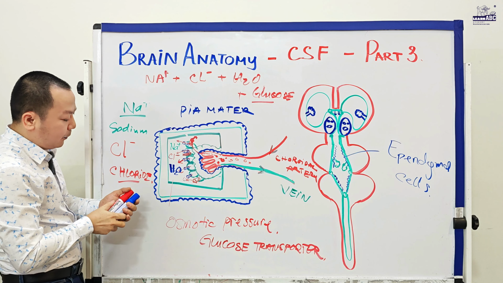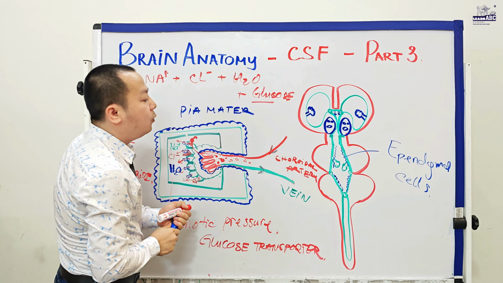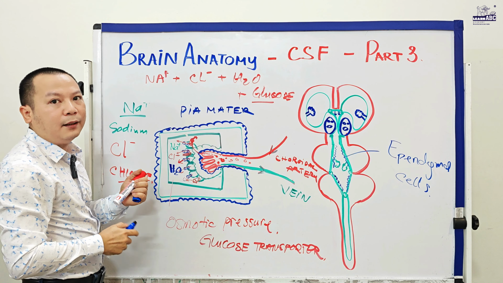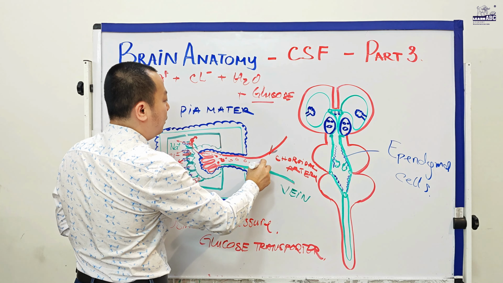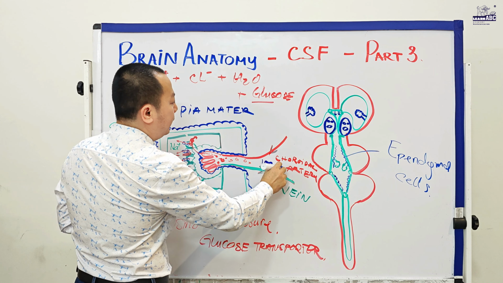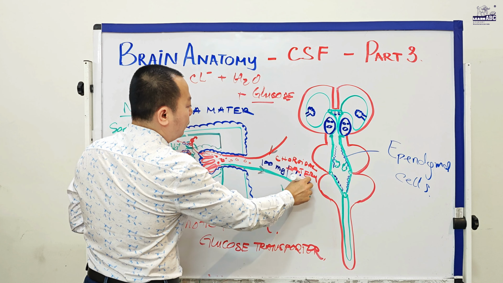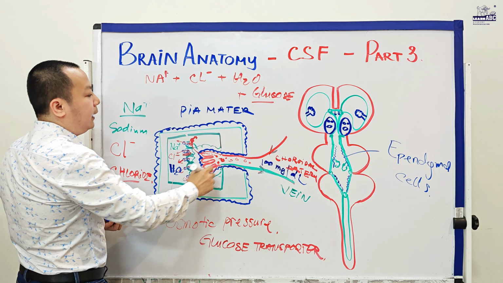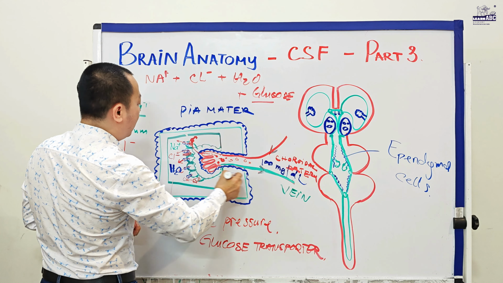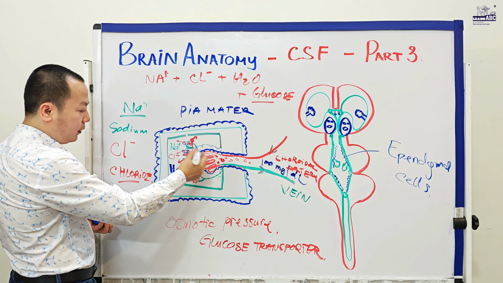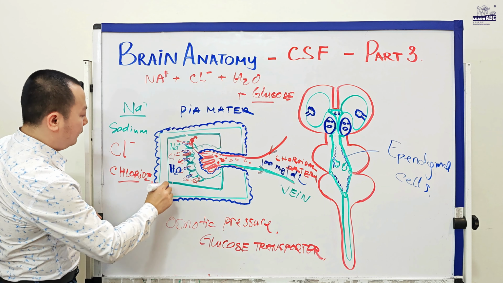Right. Now, for example, if the level of the glucose in the blood is 100 milligram per dl, for example, 100 milligram per dl, right? And then the level of the glucose in the CSF cavity is only 2/3 of that.